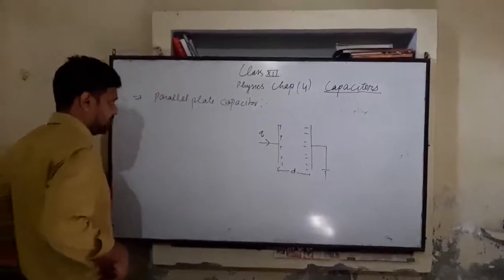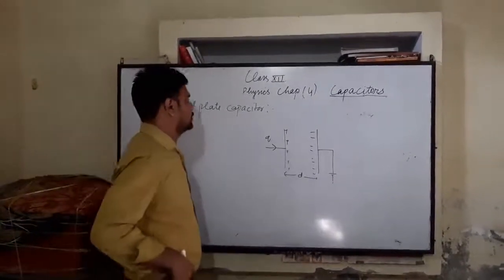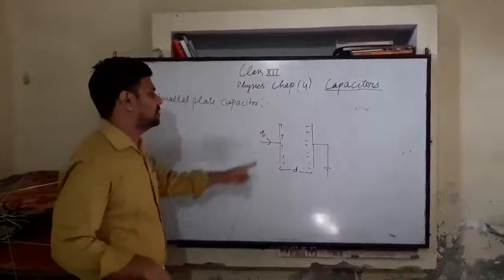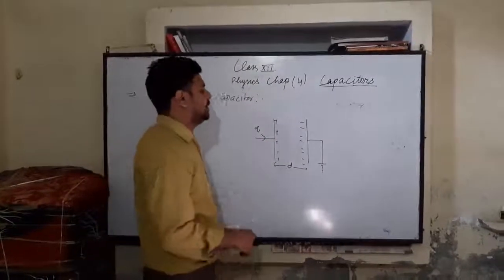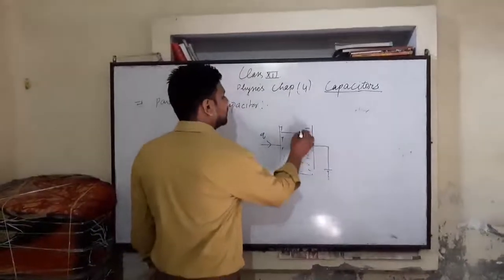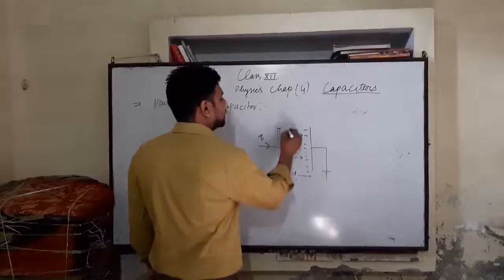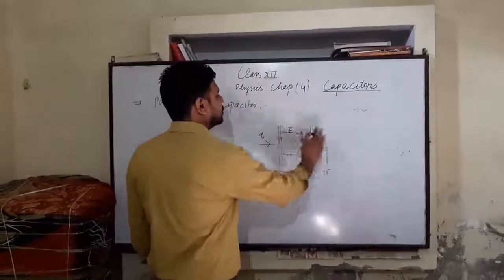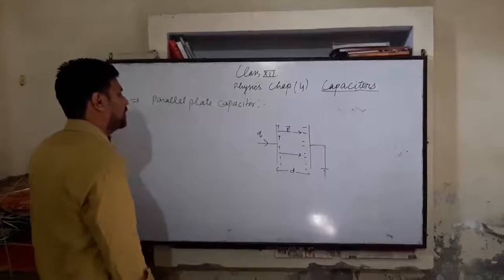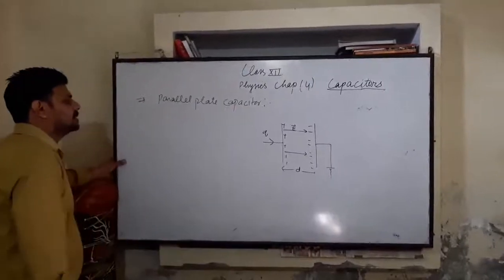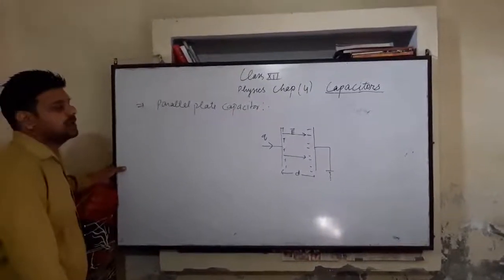Now we have to find the expression for the capacitance of this parallel plate capacitor. This is the positive plate and this is the negative plate. So the electric field is directed from the positive to the negative plate. For finding the capacitance, first we have to find the potential.